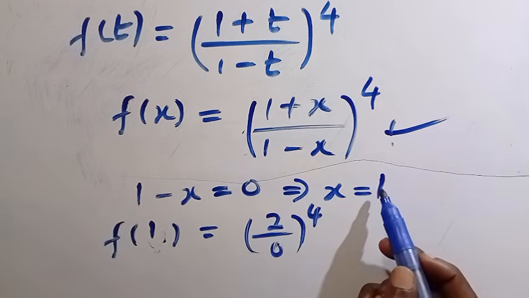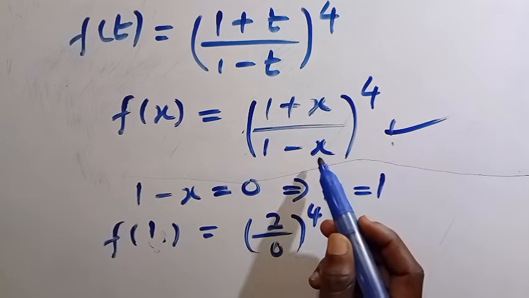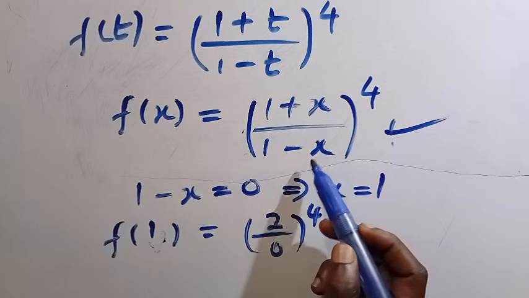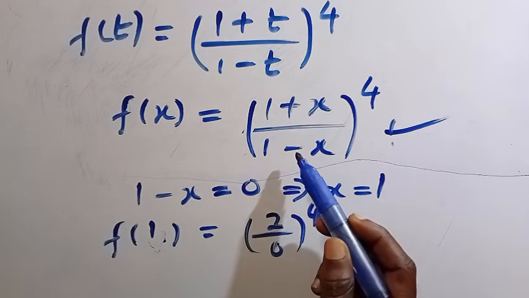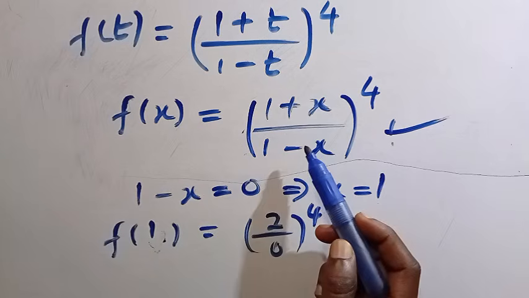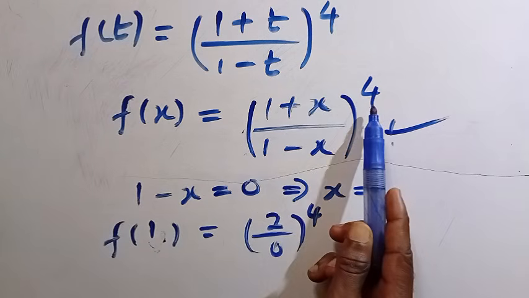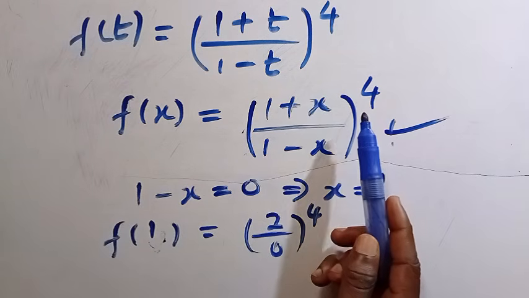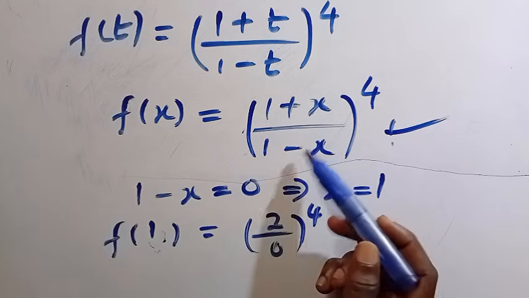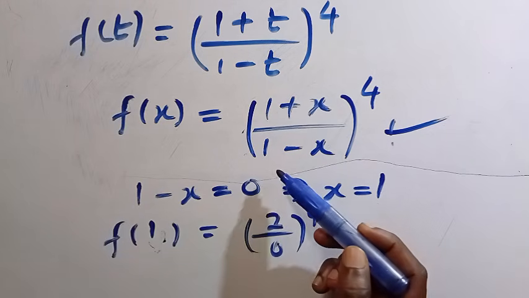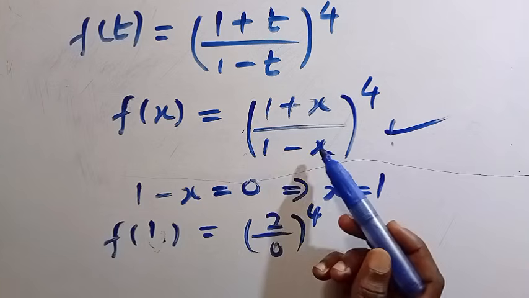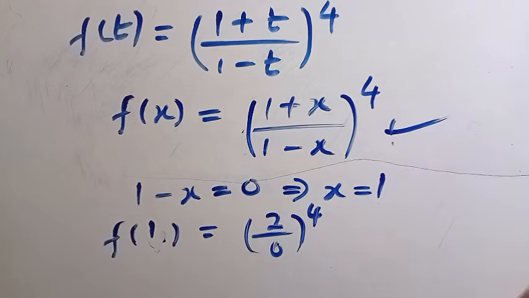Aside from 1, any other values we plug in, like 2 or 3, are always valid. Every answer will always be positive because the power here is an even number. We can plug in any negative value, starting from minus 1, minus 2, and so on, and 0 is also valid for this equation.